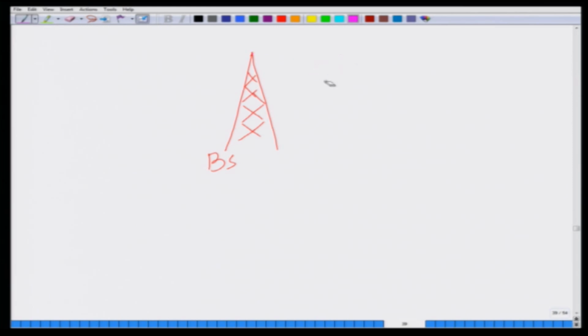User 1 is very close to the base station, and user 0 is very far from the base station. Let us say user 1 is at a distance of d1 and user 0 at a distance of d0.